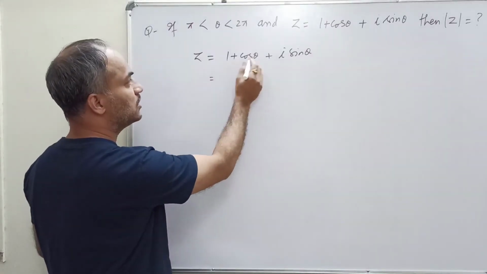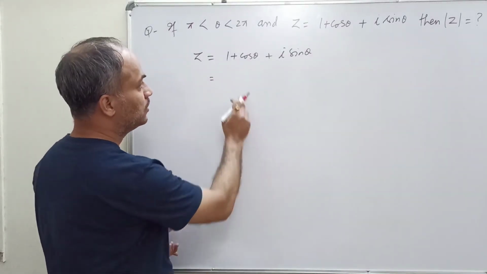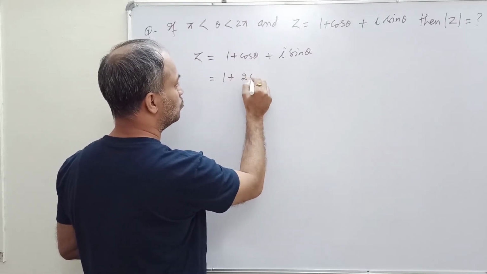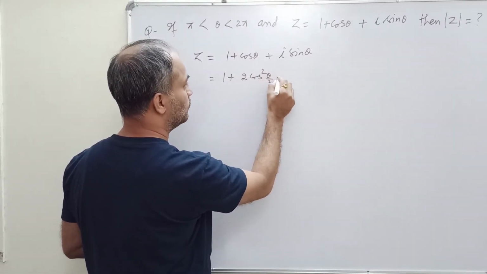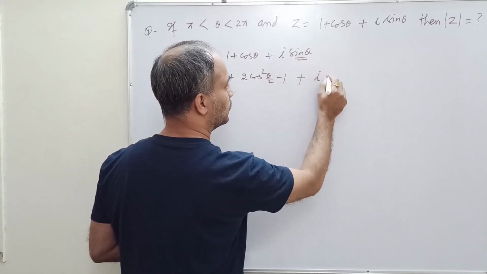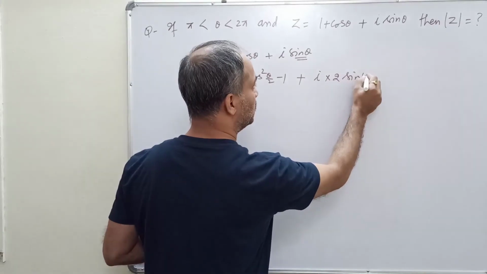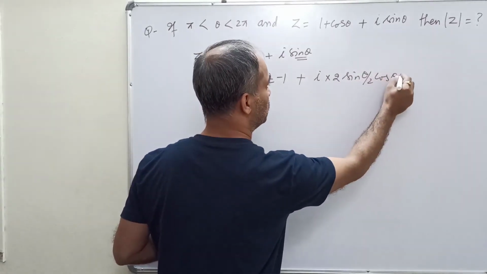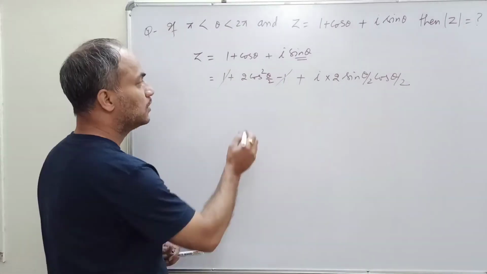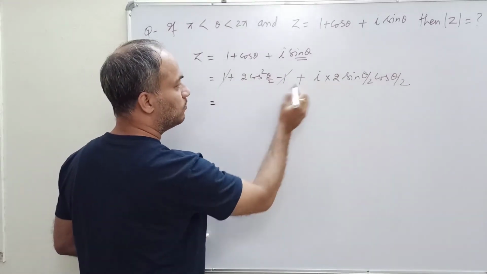So here we see 1 plus cos theta. We know the formula: 1 plus cos theta is 2 cos square theta by 2. And similarly, sin theta can be written as 2 sin theta by 2 into cos theta by 2. Now, can we take something common?